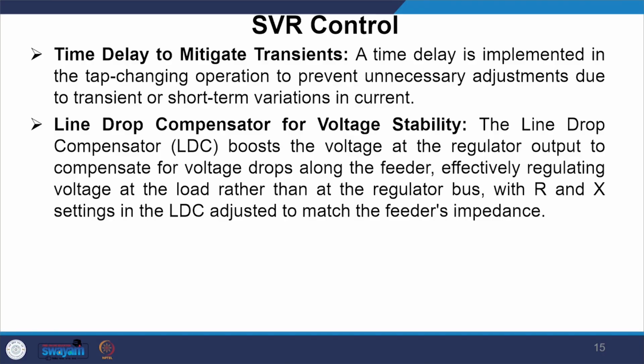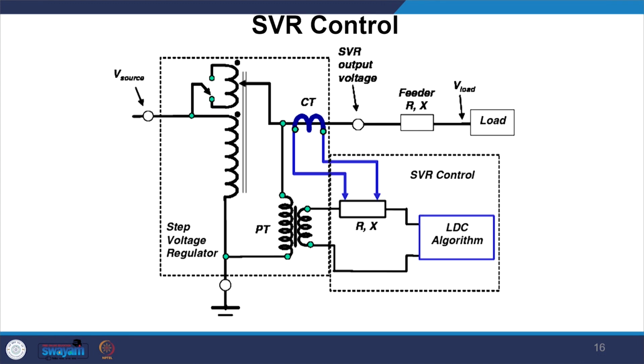And finally, the line drop compensator, LDC, boosts the voltage at the regulator output to compensate the voltage drop along with the feeder, effectively regulating voltage at the load rather than at the regulator bus, with R and X settings in the LDC adjusted to match the feeder impedance. Now you can look into the SVR control mechanism.